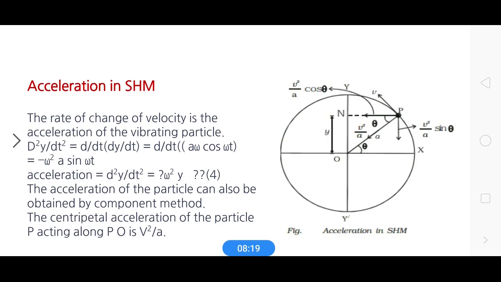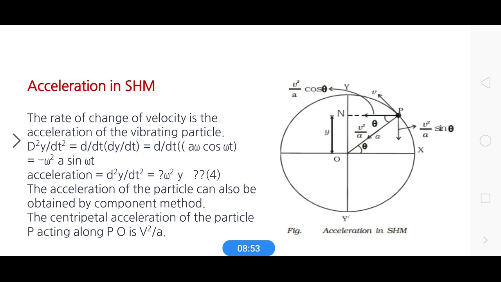Just by differentiating the velocity of the particle, we get the acceleration, that is d square y by dt square, or d by dt of dy by dt, or d by dt of velocity. So simply the d by dt of a omega cos omega t is equal to minus a omega square sin omega t.